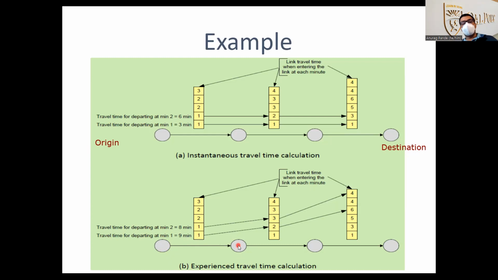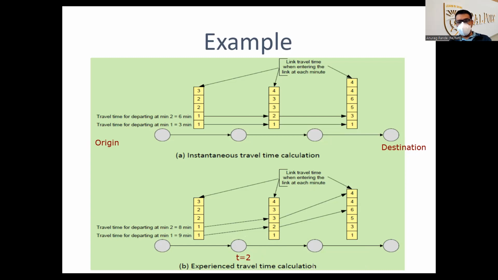Now you're starting to account for that. You are going to get to this link at t equal to 2. So your travel time calculation can't be based on this number anymore. If you get to the second node at t equal to 2 and now you want to leave, instead of taking 1 minute, now you're going to take 2 minutes on this link. Make sense?